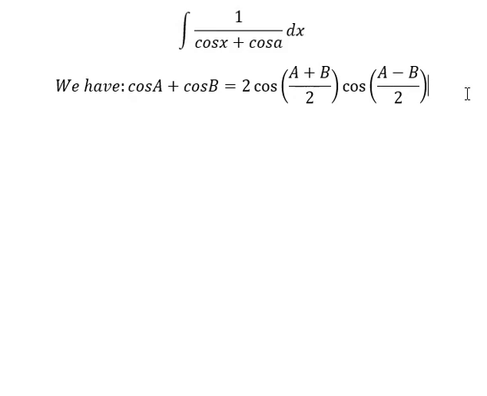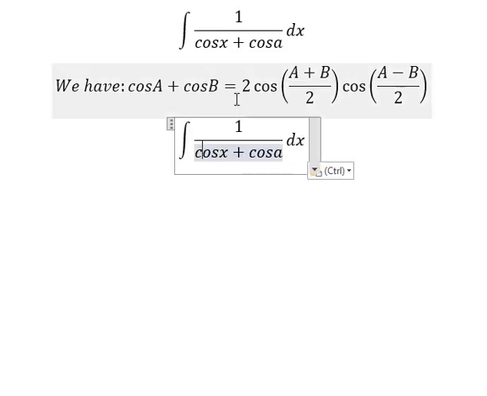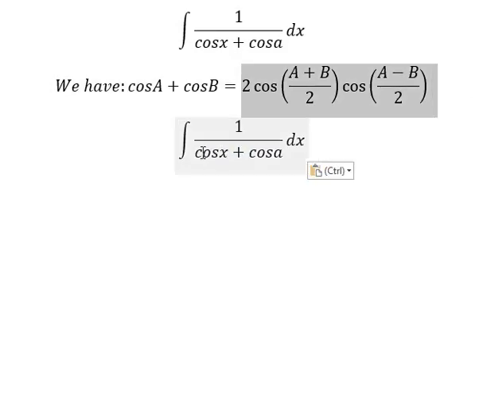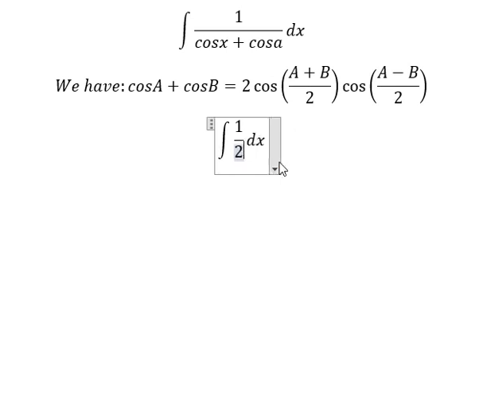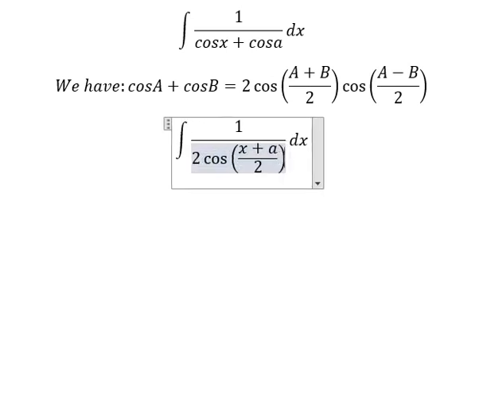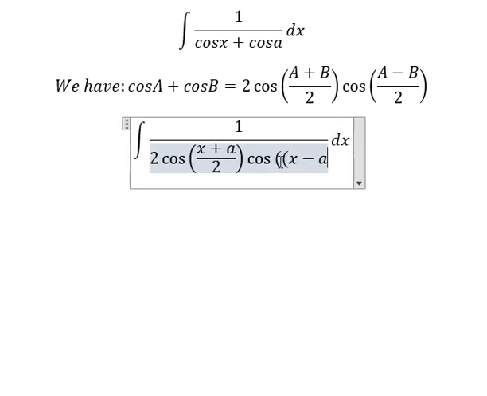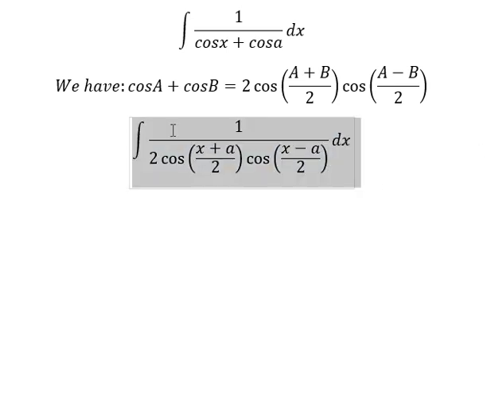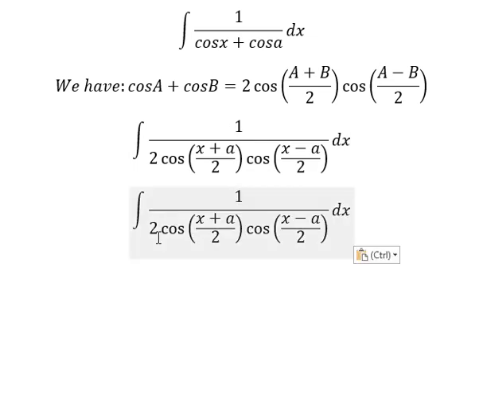So we can apply this one, go to this one, and that is about 2 cosine of (s+a)/2 and cosine of (s-a)/2. Next, we put number 2 outside.